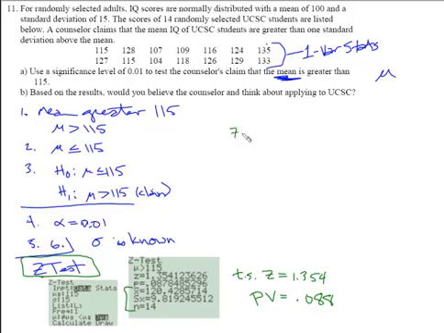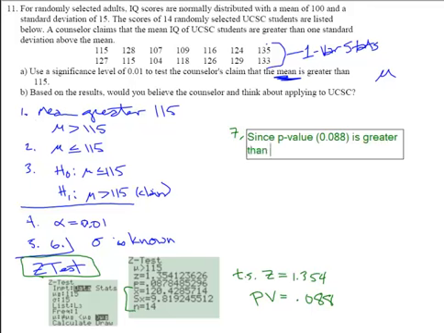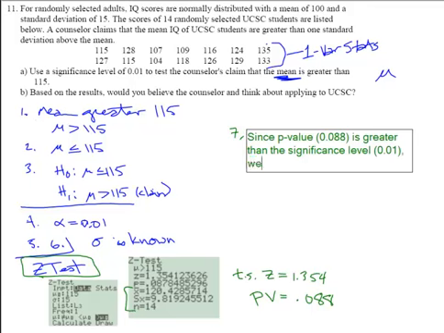And so step 7, since our p-value is greater, let's actually put our p-value down, 0.088 is greater than alpha, the significance level, we fail to reject the null hypothesis.